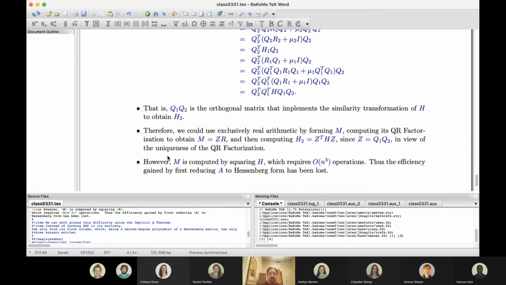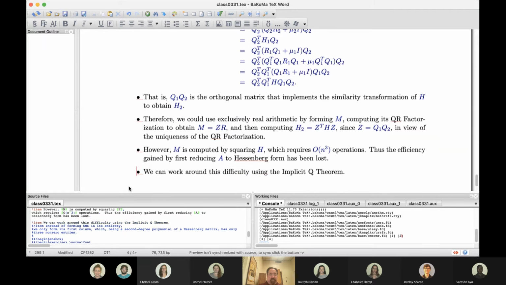But can we still use this idea to arrive at something that is practical? And now we're getting to the main achievement of the two individuals who invented this QR algorithm independently of one another, using the theorem I mentioned last time, the Implicit Q Theorem.